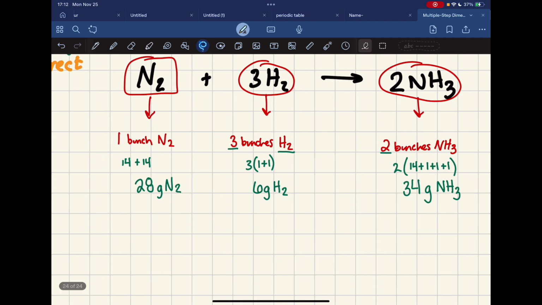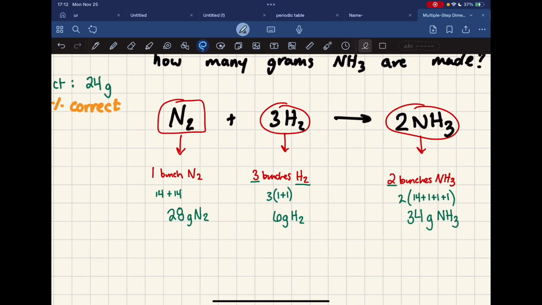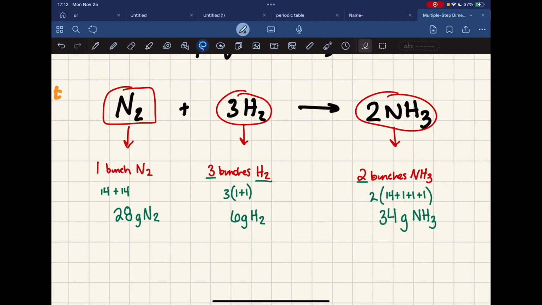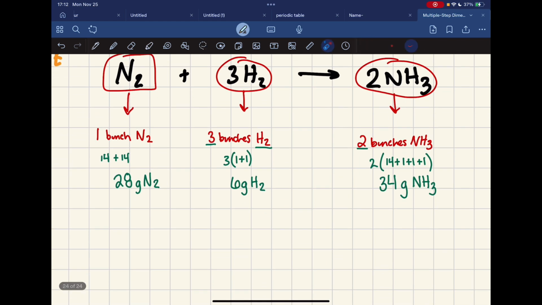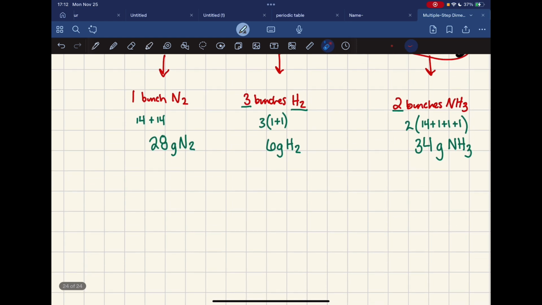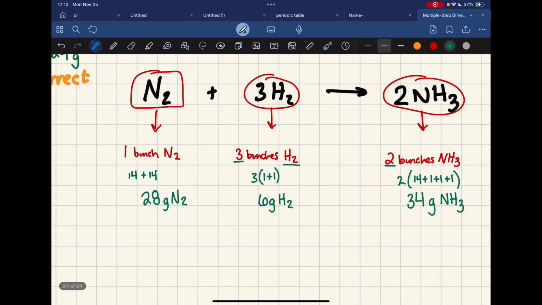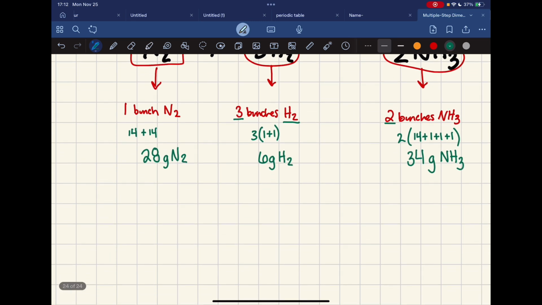So what I've done here is I've taken my chemical equation, N2 plus 3H2 makes 2NH3, and I've rewritten it in grams. So another way to say N2 plus 3H2 makes 2NH3 is 28 grams of nitrogen plus 6 grams of H2 makes 34 grams of ammonia, right?